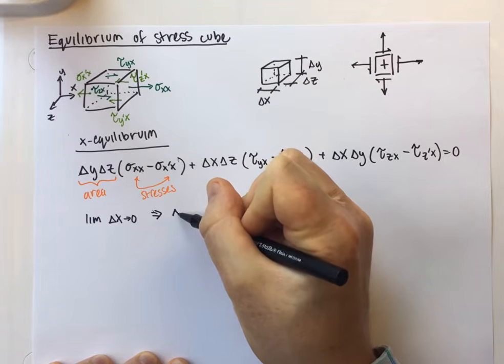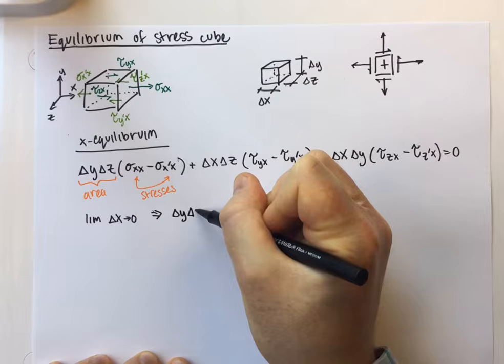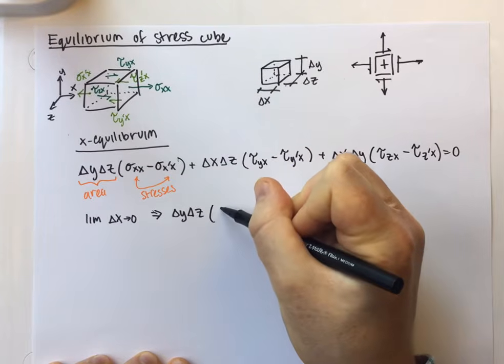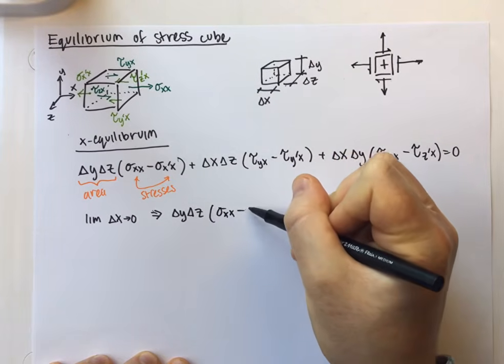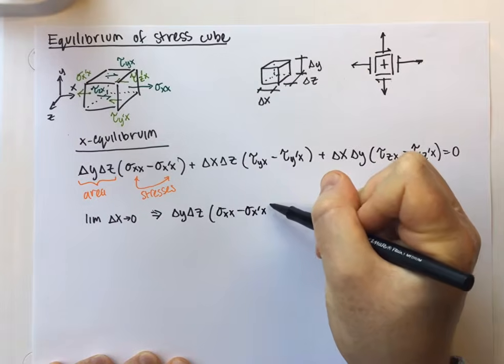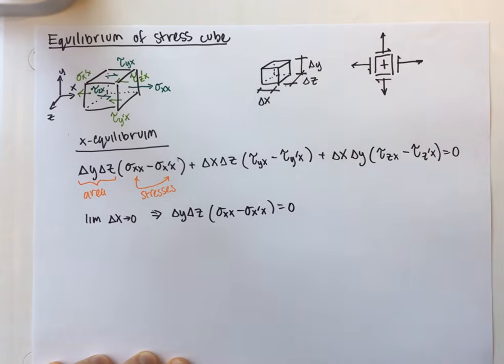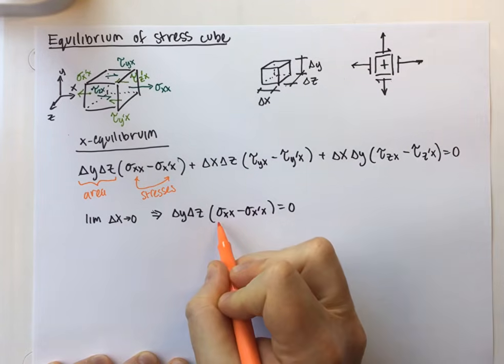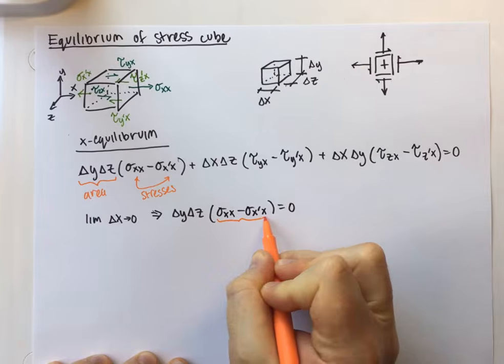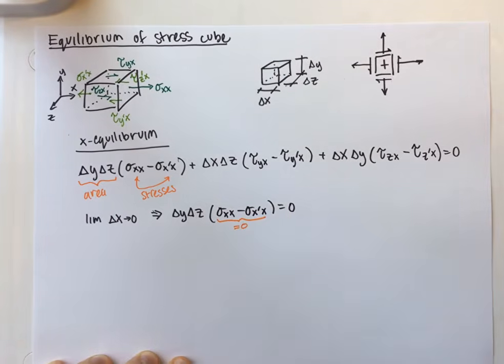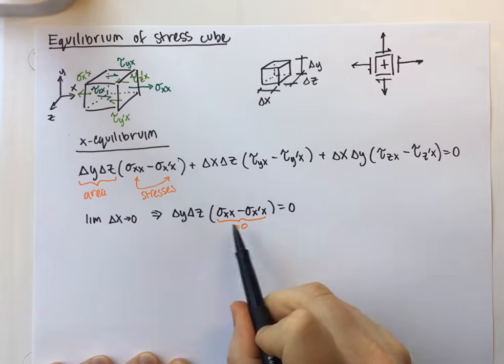So we get delta y, delta z, and we get a sigma xx minus sigma x prime x equals 0. And the only way for that to be true is if this stuff in here is equal to 0. And that implies that these two things must be the same.